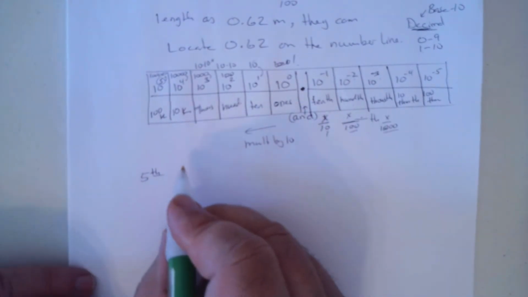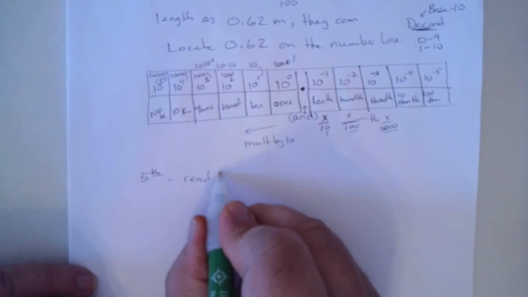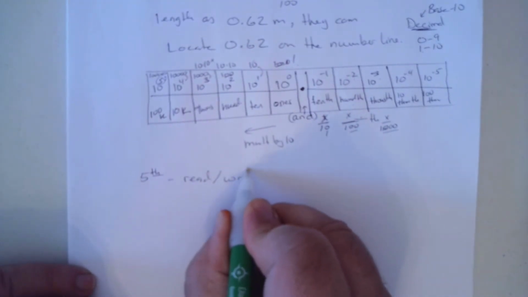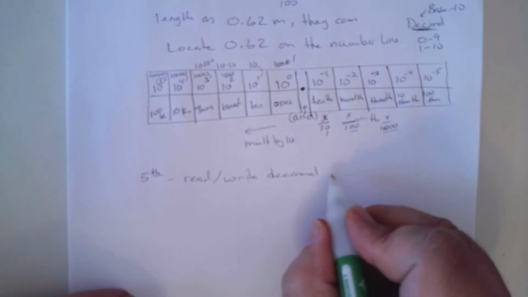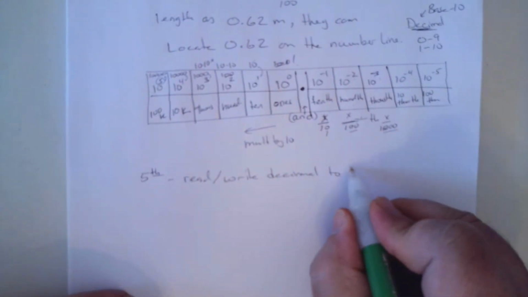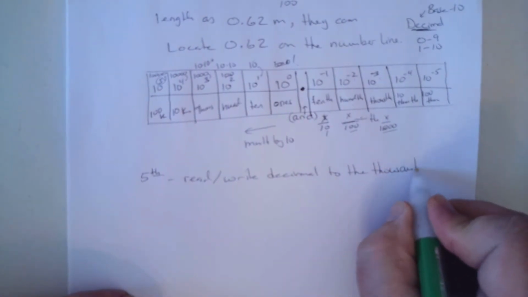By the 5th grade, the students can read and write decimals to the thousandths.